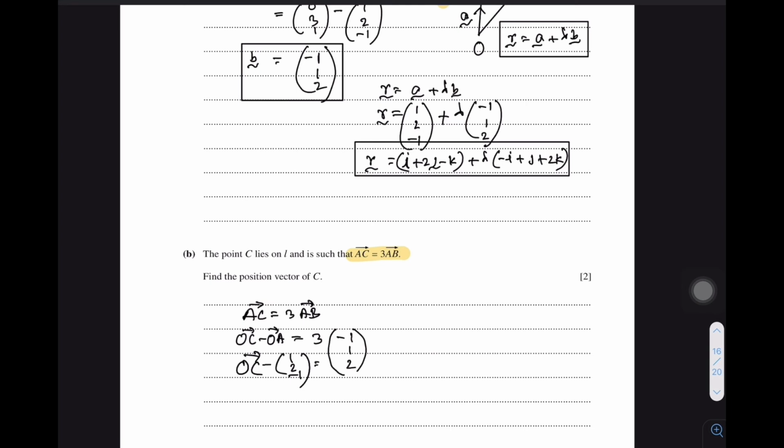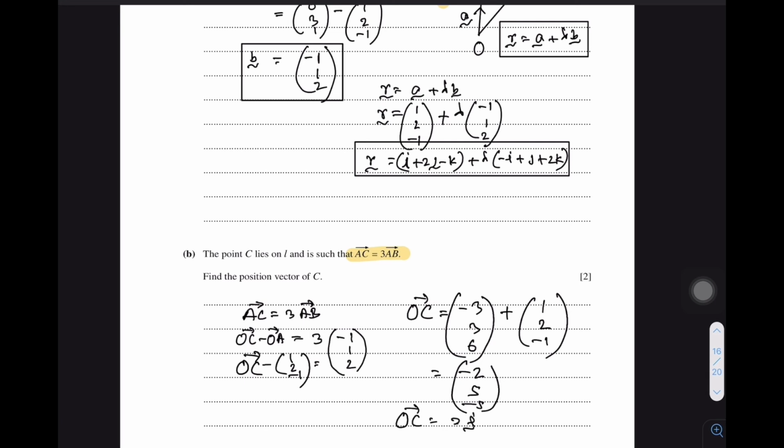So OC equals (minus 3, 3, 6) plus (1, 2, minus 1). Let me simplify: (minus 2, 5, 5). We can write it in this way, or in this form: minus 2i plus 5j minus 5k.